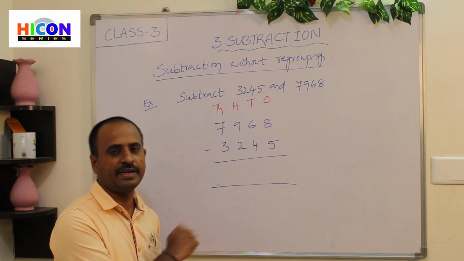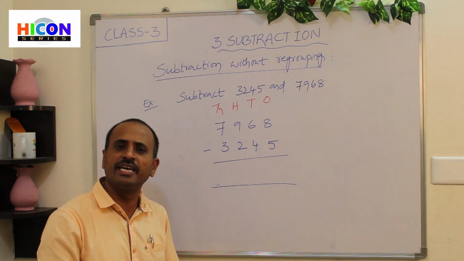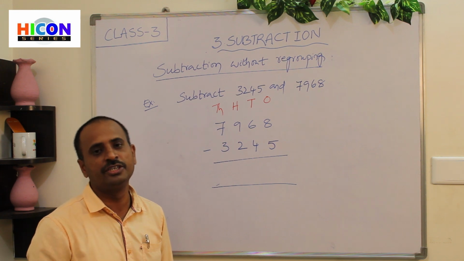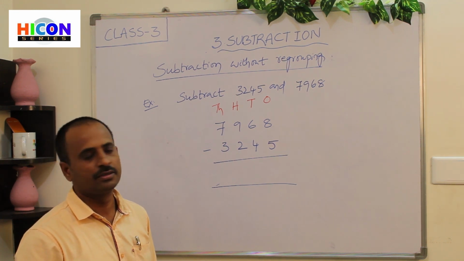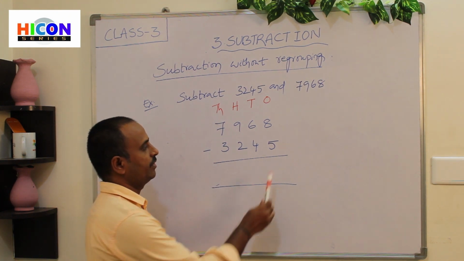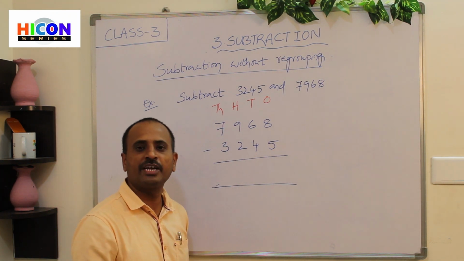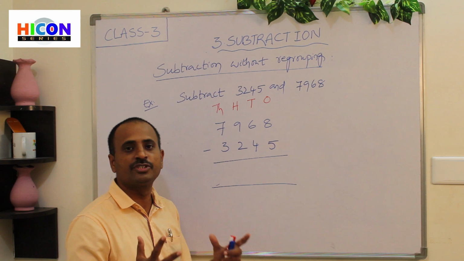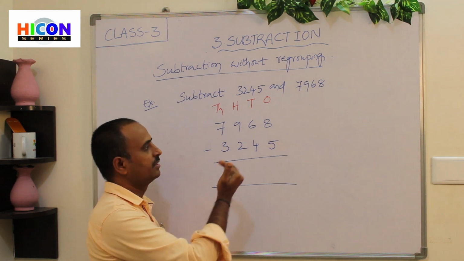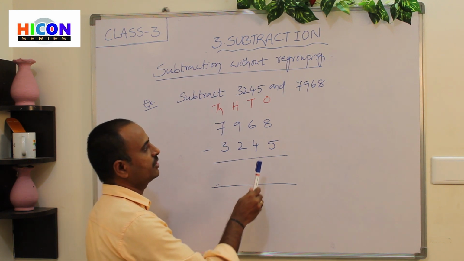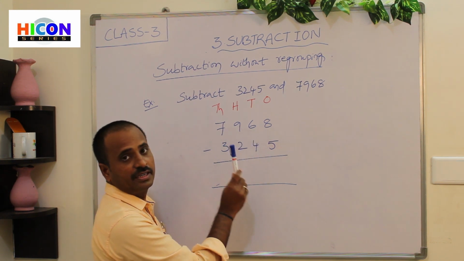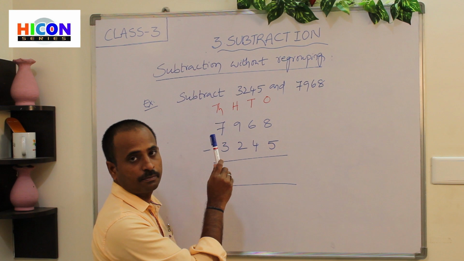Now start subtraction. The subtraction will be same as in the case of 3-digit numbers, which we have already discussed in the second class. Let us start subtraction from ones place. Subtraction or addition should always start from ones place, that is from the right side. What are the digits in the ones place? 8 and 5.